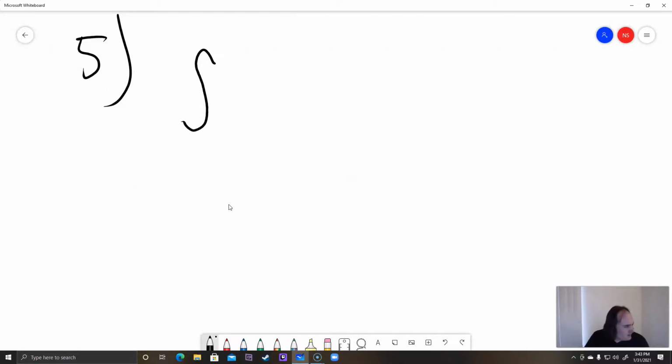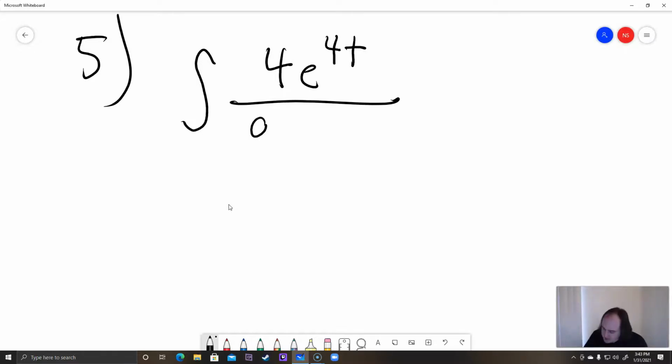So for this one, we have the integral of 4e to the 4t all over 9 plus e to the 4t dt.